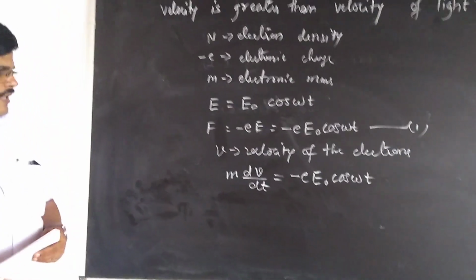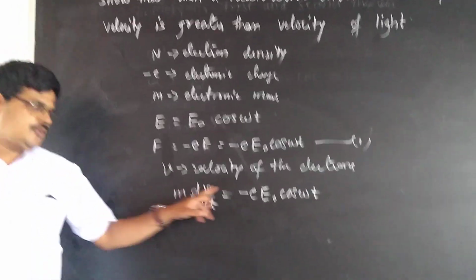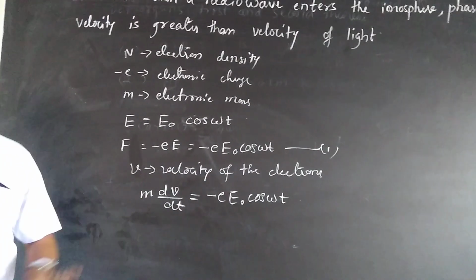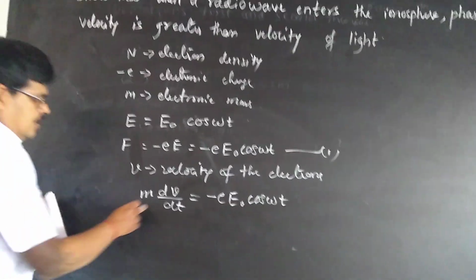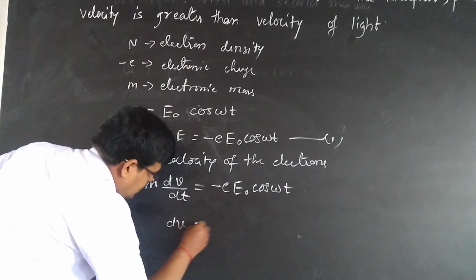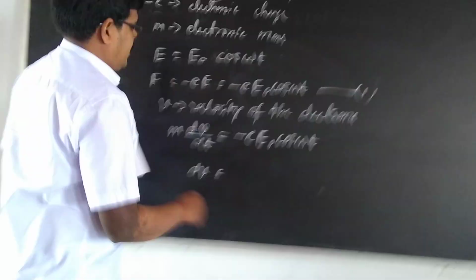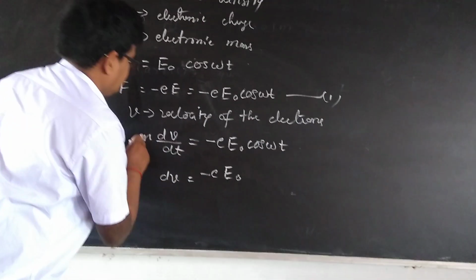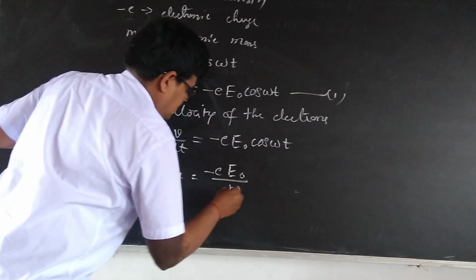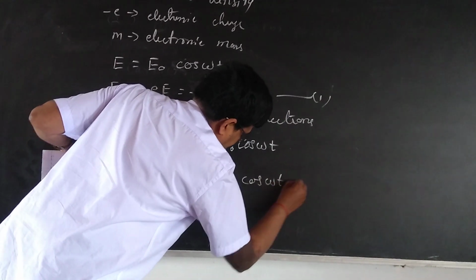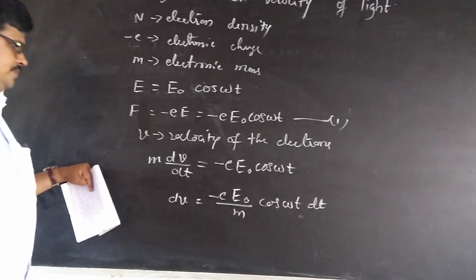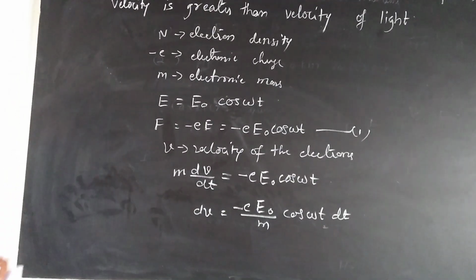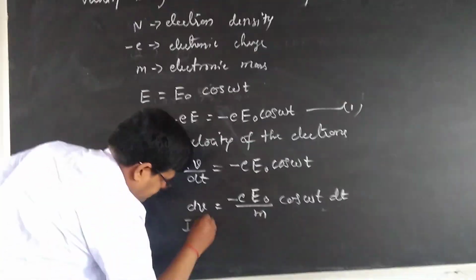So force F is equal to m into a. Therefore, I will take dV on the LHS and move the other quantities to the RHS: dV is equal to minus e E naught divided by m, cos omega t into dt. So dV is equal to this quantity. So integrating.